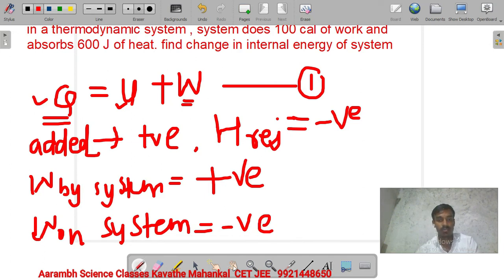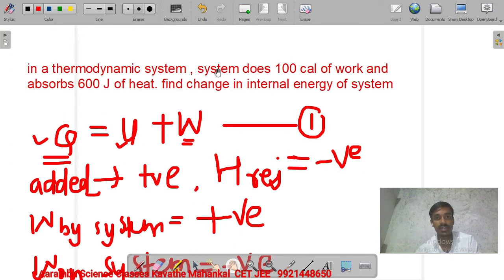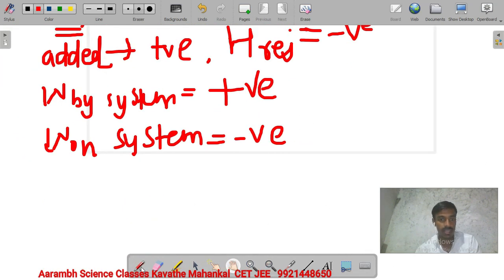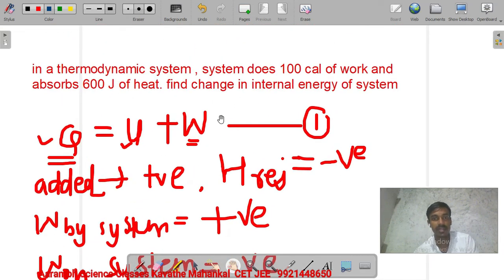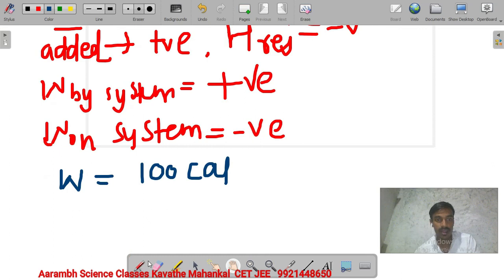Let's move to the question. They clearly mentioned that the system does 100 calorie of work. We have already discussed that the work done by the system is taken as positive. So the work is done by the system, and you have to take it as positive. It's 100 calorie and its sign is positive.